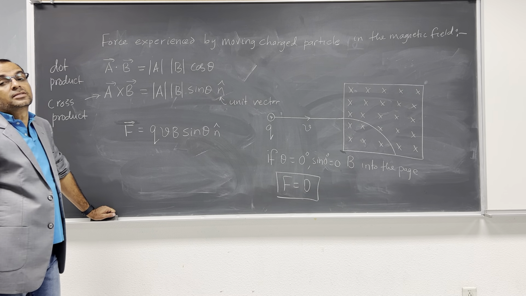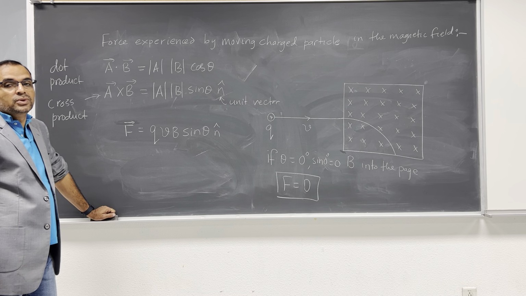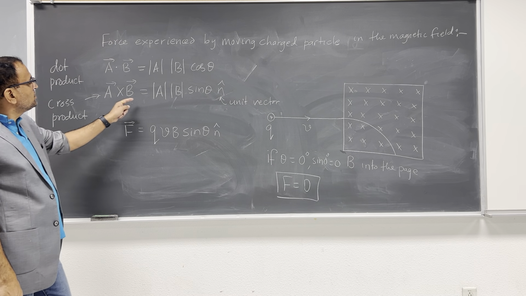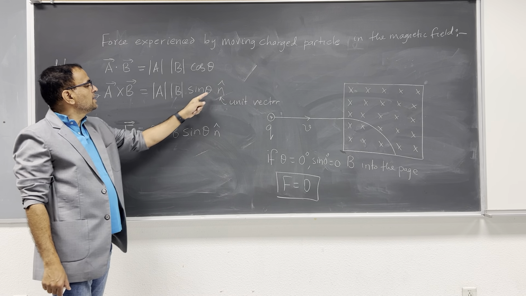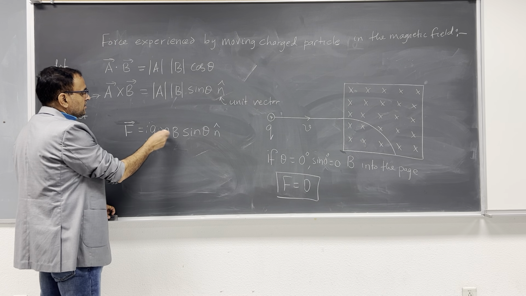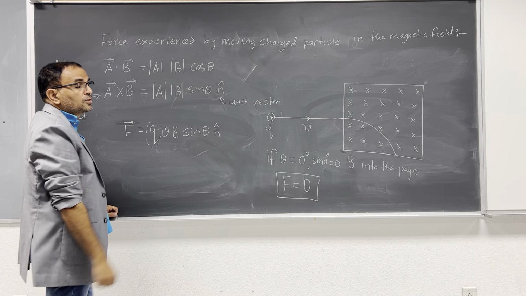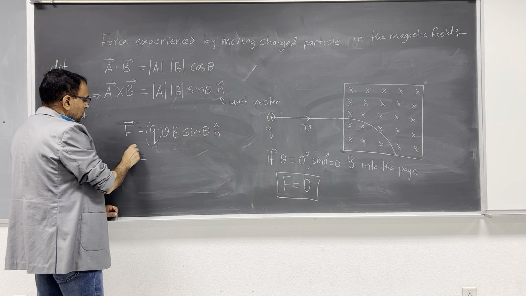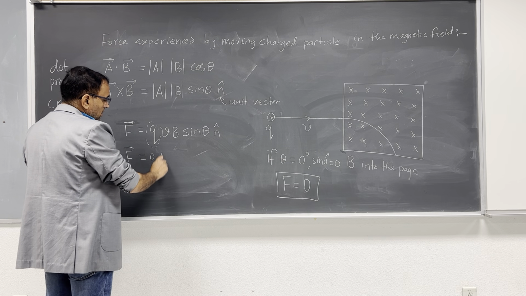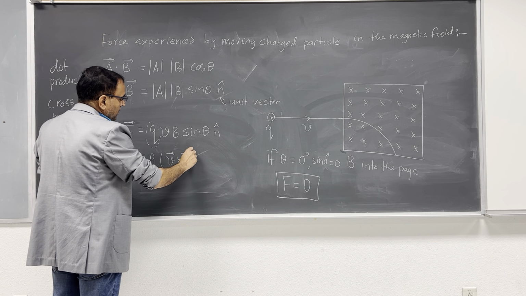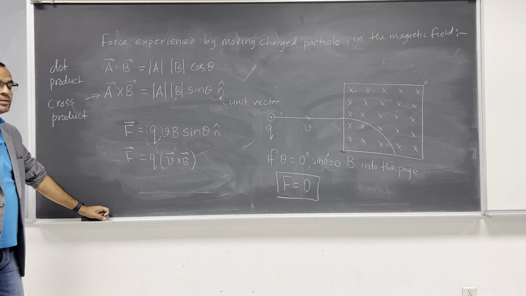Simply we use the right hand rule number 2. A cross B is AB sine theta n cap. Q is a scalar quantity, velocity is a vector quantity. So you can write F equals Q V cross B. This is the vector notation.